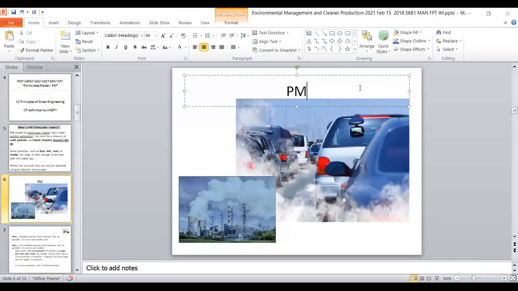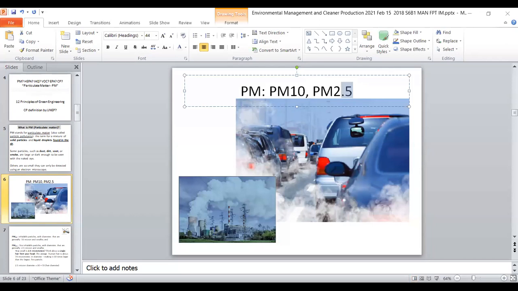When it comes to PM, there are two categories. Later you can explore more. One we call PM10, the other we call PM 2.5.